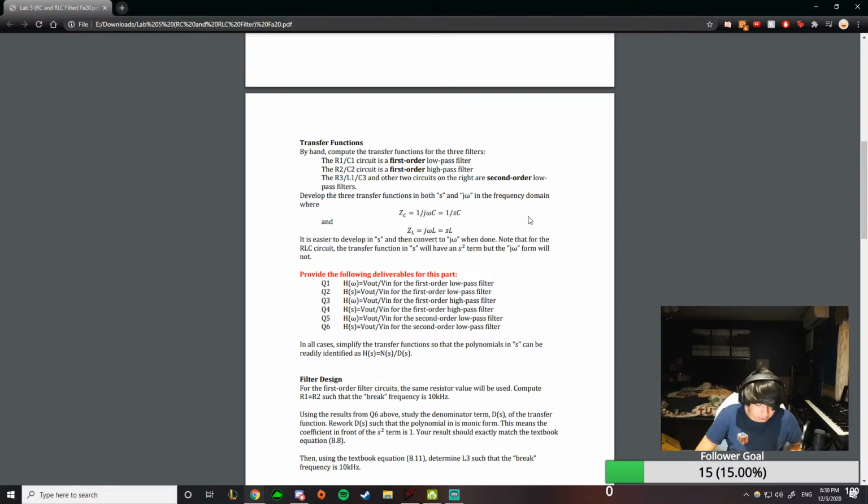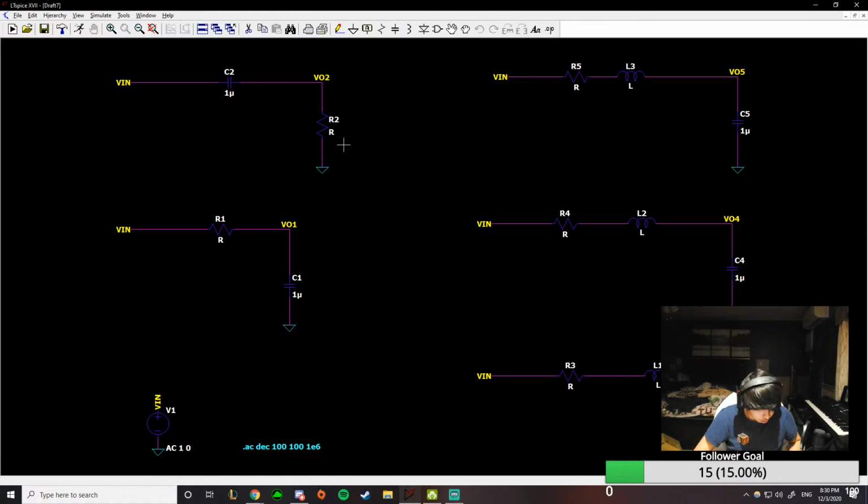Two is basically the same thing. Yeah, two is literally exactly the same, only it's resistance down on top.